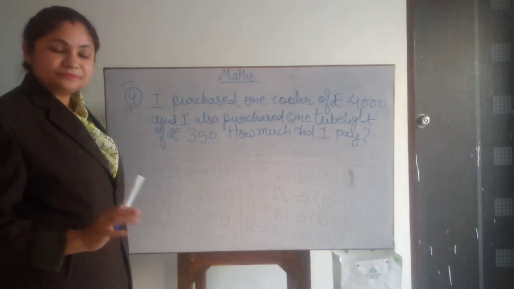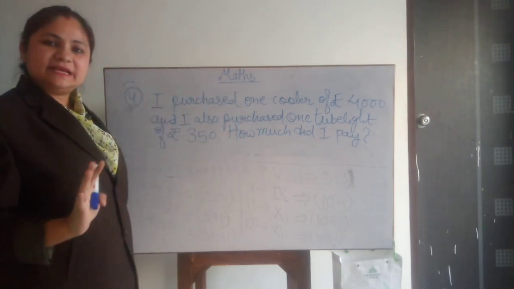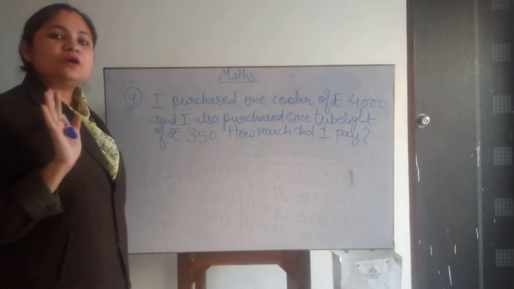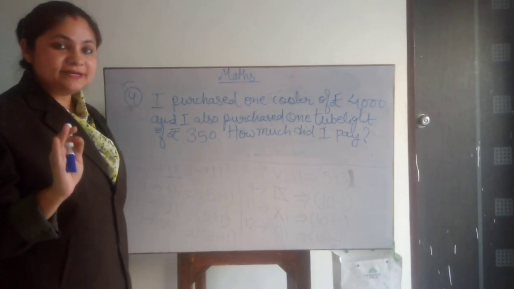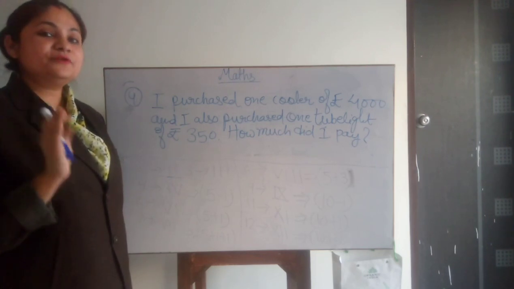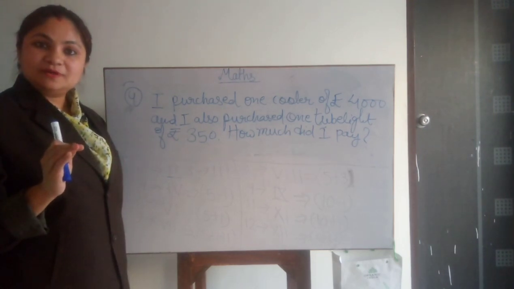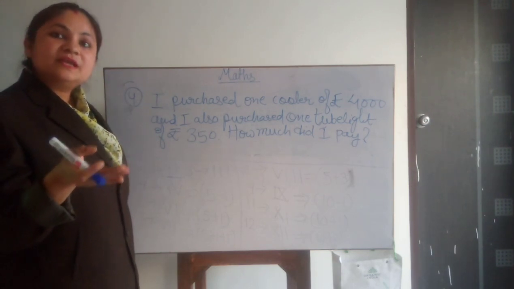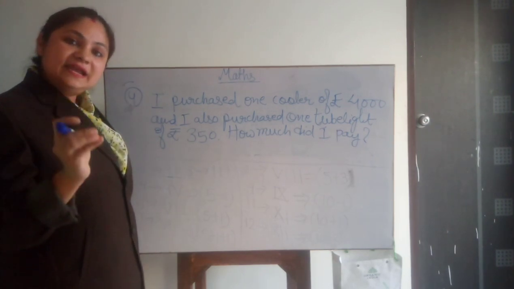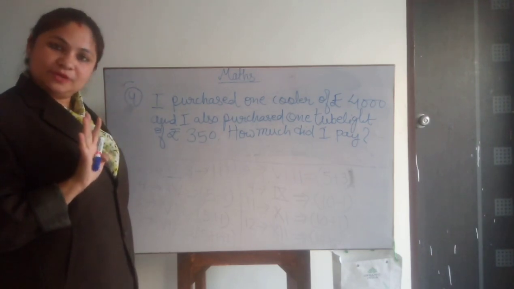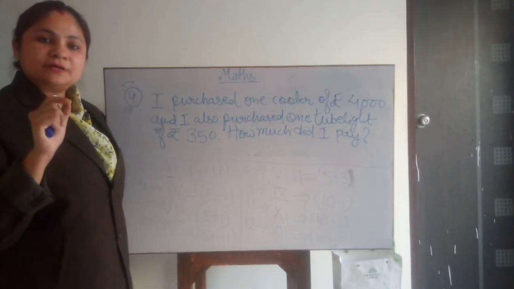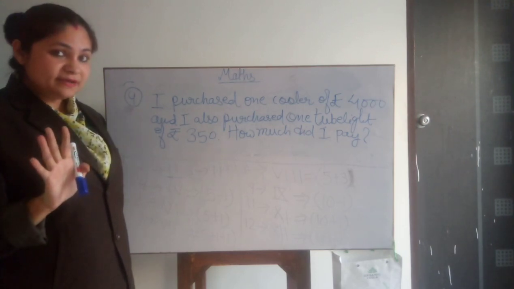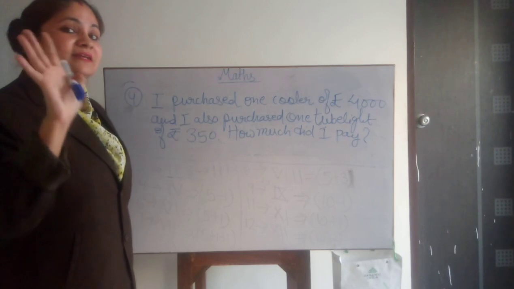If you are not able to understand, I am giving you a very simple example. All of you are fond of chocolates, right? All of you are fond of snacks also, like chips. So you went to a shop and you purchased both. You gave 10 rupees for chocolate and 20 rupees for chips.